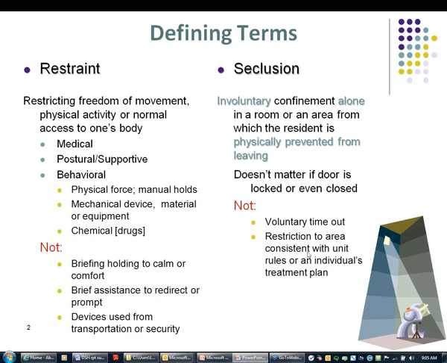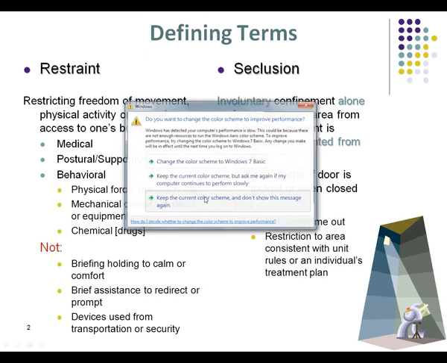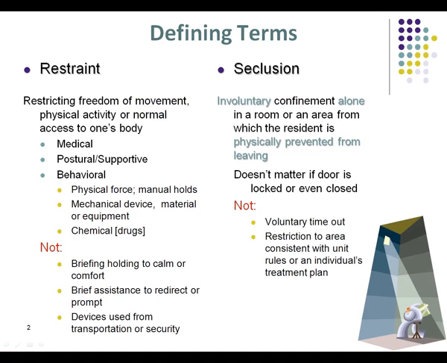We also see mechanical devices used for behavioral restraints. Historically, straitjackets would be considered a mechanical device. More common now in psychiatric settings, we see leather cuffs that are used, 4-point leather cuffs, or some kind of belts. It doesn't have to be a device that's particularly designed to be a restraint device.